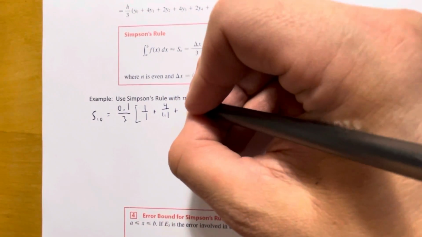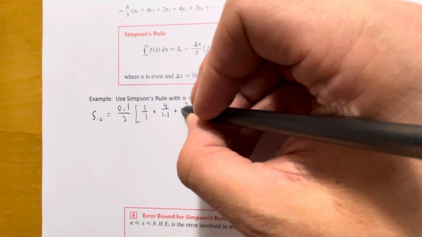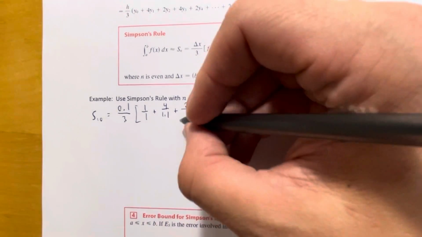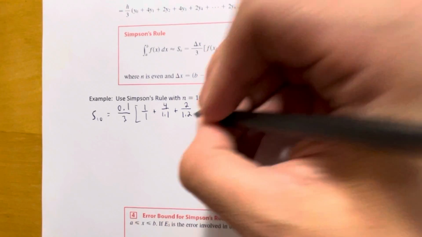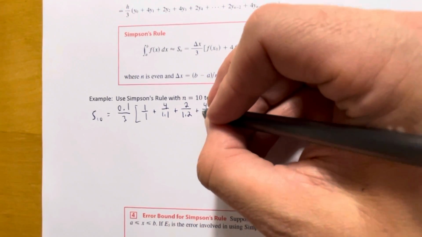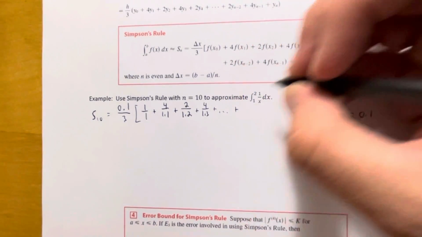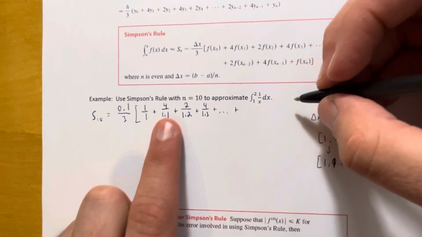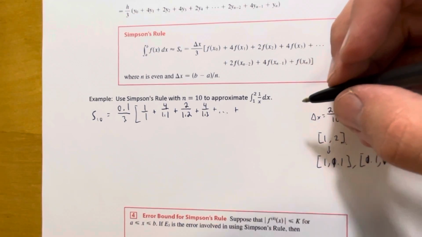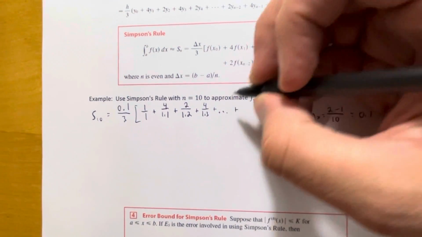Then we add 2. That's the next thing. Remember, alternating 2s and 4s over the next endpoint, 1.2, plus 4 over the next endpoint, 1.3. And you can see a pattern here. I would have to write all of this out if I'm putting it all into a calculator, but I can do this dot, dot, dot here to indicate the pattern.